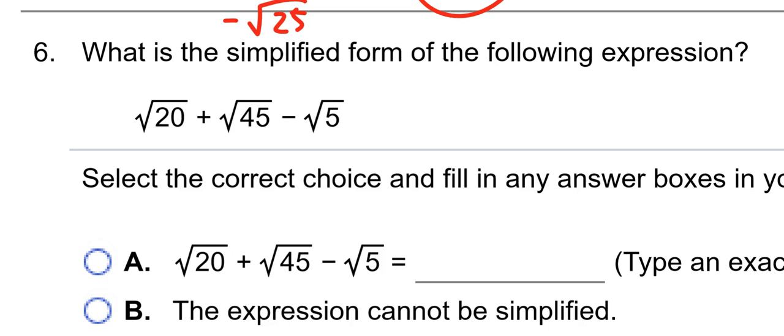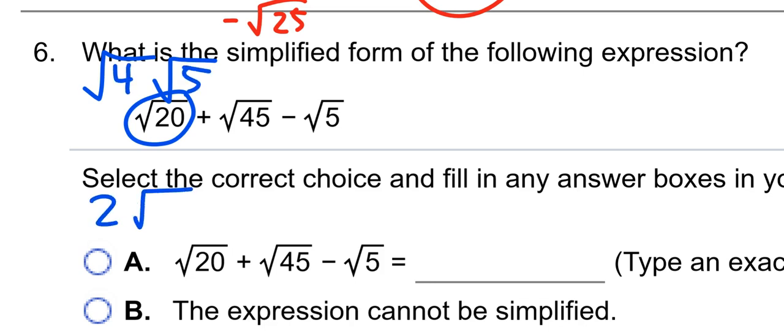All right, so at first they don't look like radicals. What can you do with this 20? What can we break it up into? Any perfect squares inside of 20? 4 and 5, and we know that radical 4 is 2, so we do have 2 radical 5, which is what you just quoted me. How about the 45? That's 9 and 5, right?